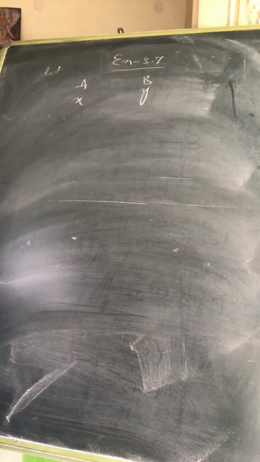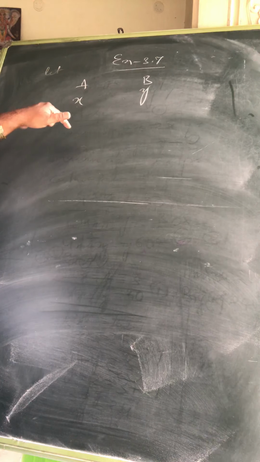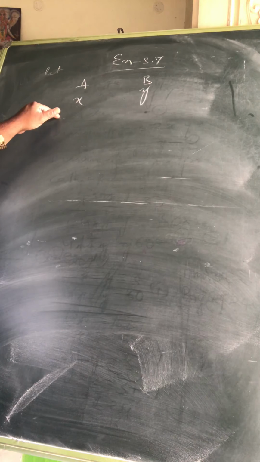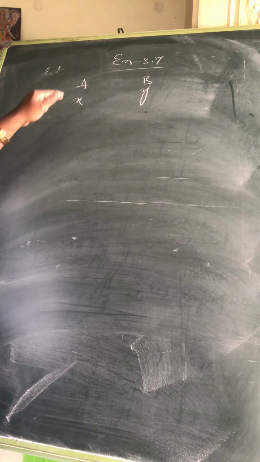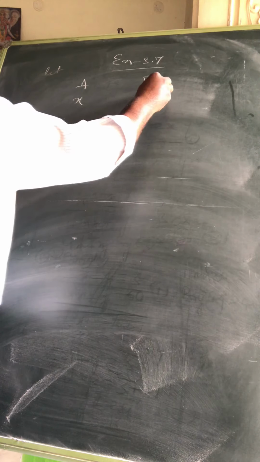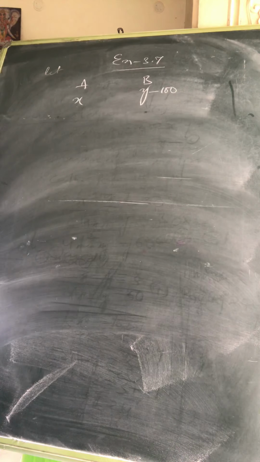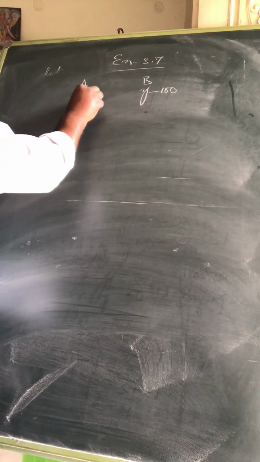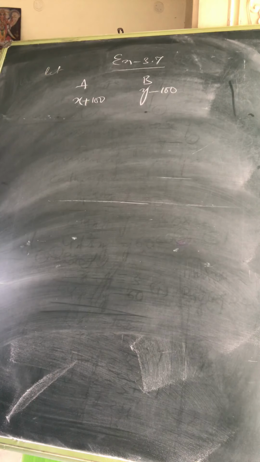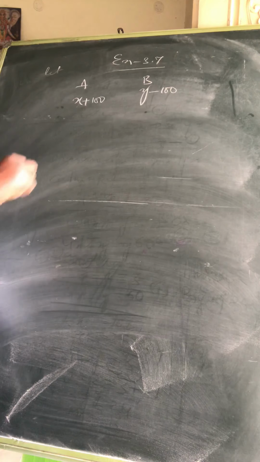Now A is saying, if you give me 100, I'll become twice as rich as you. That means if B agrees to pay 100 rupees, it will be subtracted from him and added to the first. Then he is twice as rich as him.